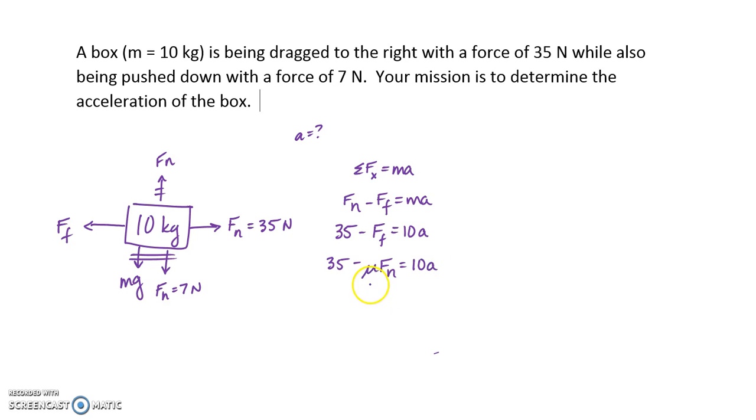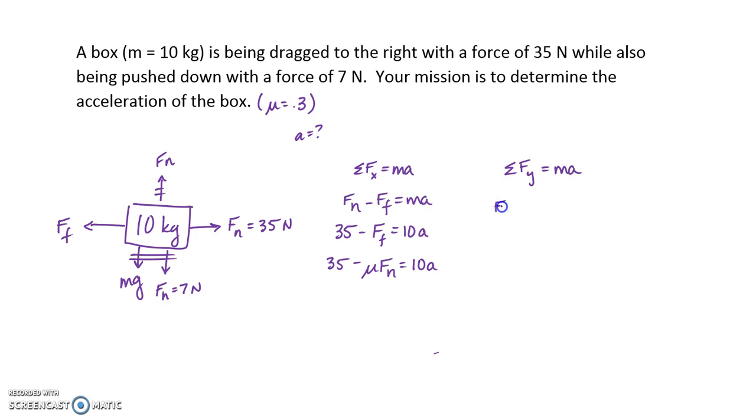And I'd have to know mu, and if I would have thought further ahead, I would have said mu equals 0.3. We'll just say that that's a true statement. All right, but this is still unsolvable. So we could start crying, or we could go to the y-plane, because the normal force we're looking for is in the y-plane. So we can sum the forces in the y-plane, set that equal to ma.